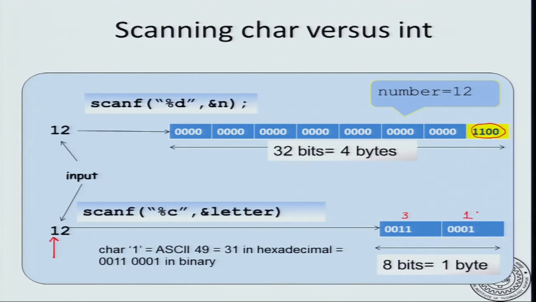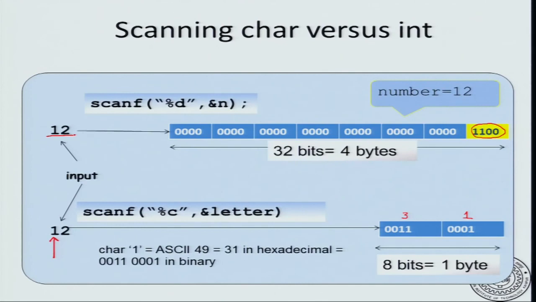Okay. So when you scan the input into a character variable called letter, what will happen is that letter will have the hexadecimal 31 or ASCII value 49, which corresponds to the character constant 1. So this is the difference between scanning a given input as a number and scanning a given input using a character.